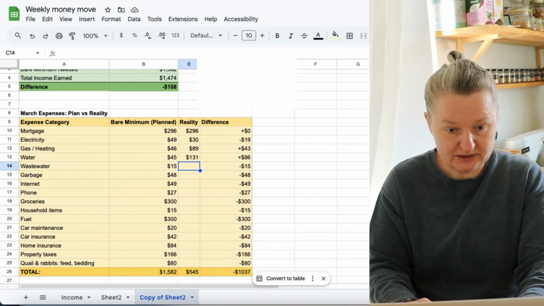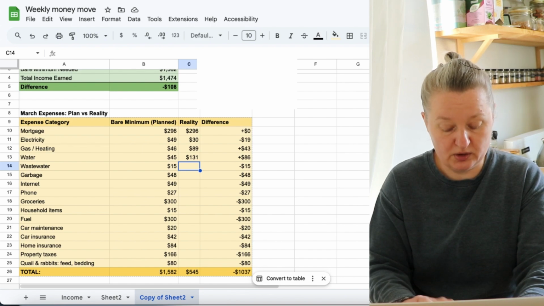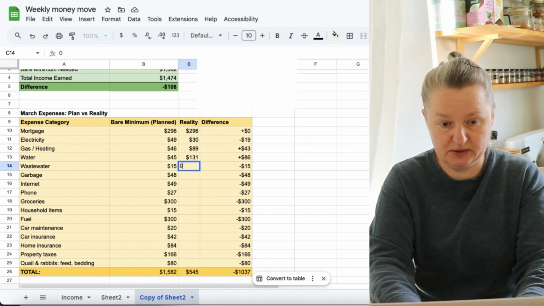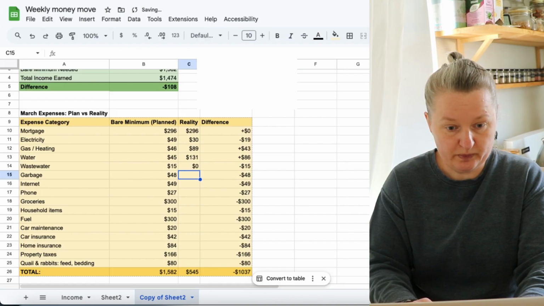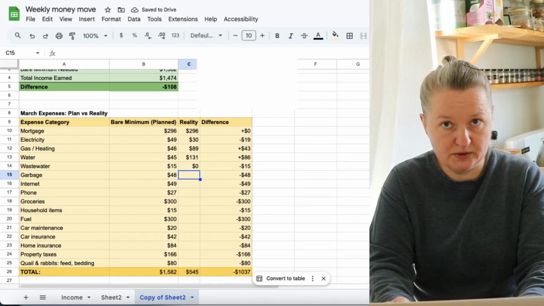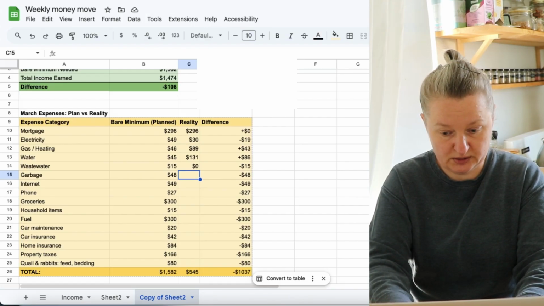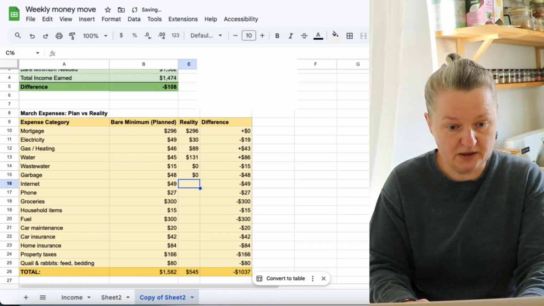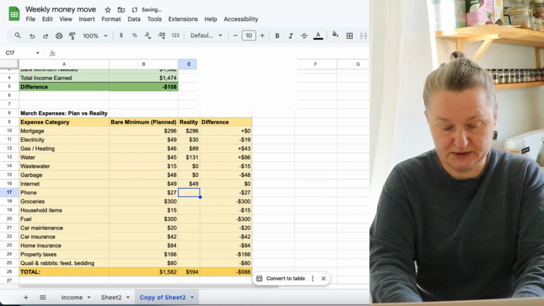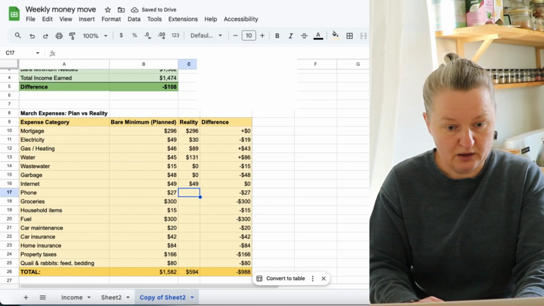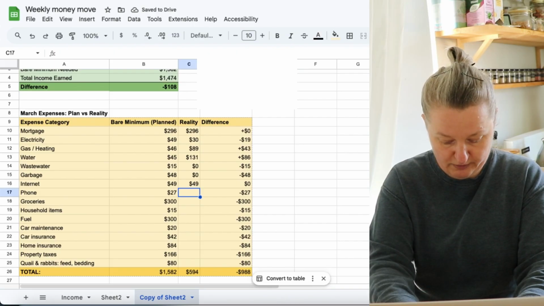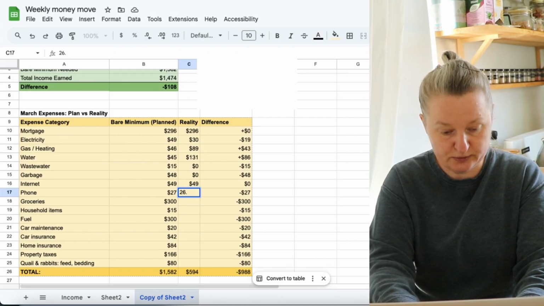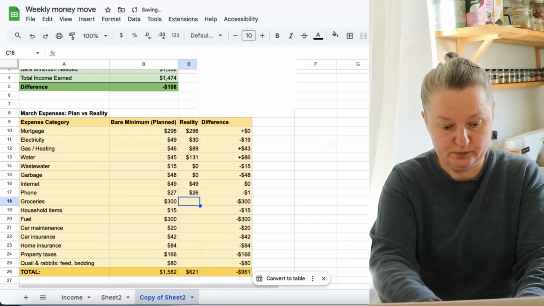Wastewater, I didn't have a bill due in March, so 0. Garbage, I didn't have a bill due in March either, 0. Internet, $49. Phone is $26.42.